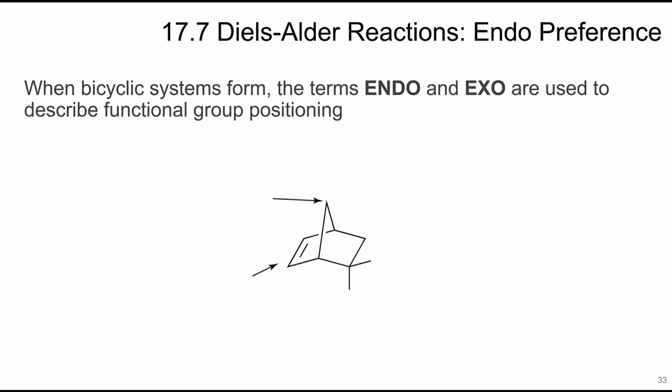So when bicyclic systems form, the endo and exo are used to describe where the functional group is positioned. So this bridge has 1 carbon atom. This bridge here, this is considered a bridge, has 2 carbon atoms. That's the larger bridge.